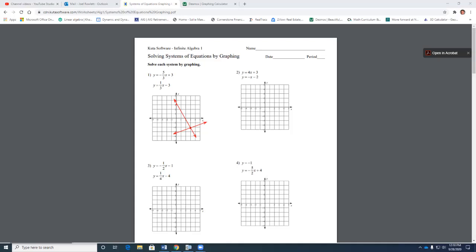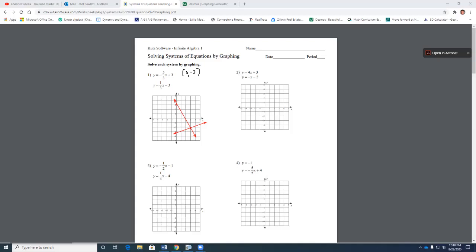Well, the coordinate for that point is going to be 3, negative 2. So 3, negative 2 is the solution for this system of equations. And a system of equations means that you have more than one equation that you're working with. So that's how we would solve that one by graphing.